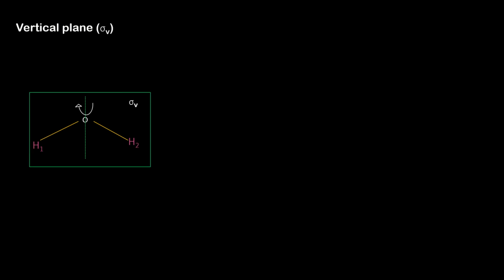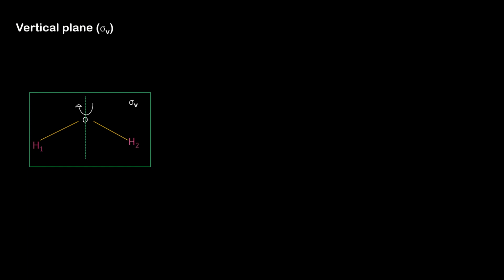Now it can be understood by taking one example of the water molecule. As we have already discussed, the C2 axis is present in the H2O molecule as the principal rotational axis. Here the plane which passes through the C2 axis divides every atom into equal halves. This is also known as sigma yz plane or sigma v plane.